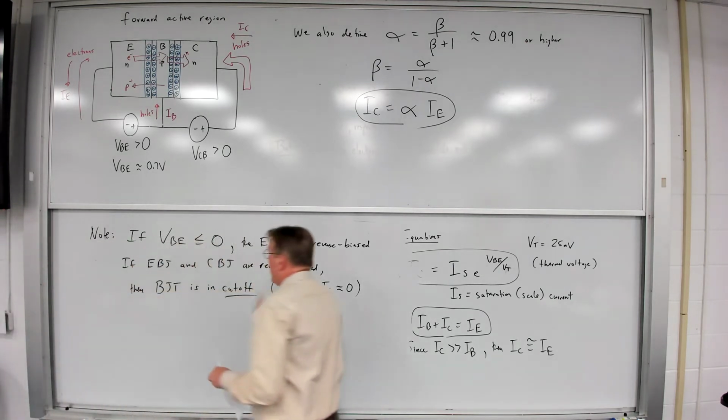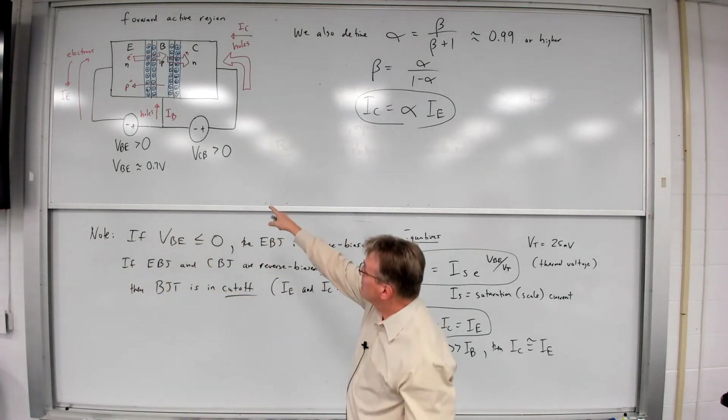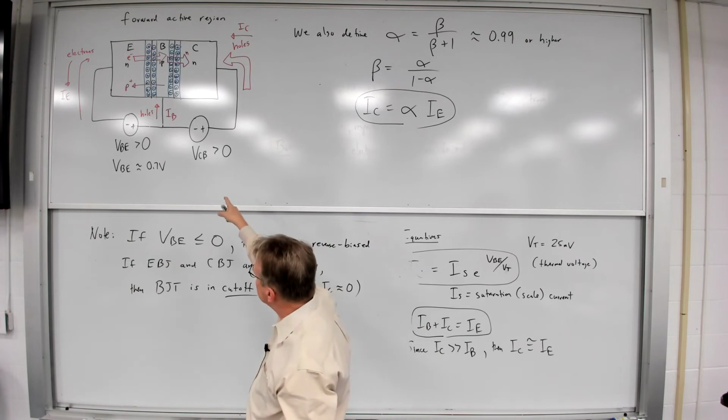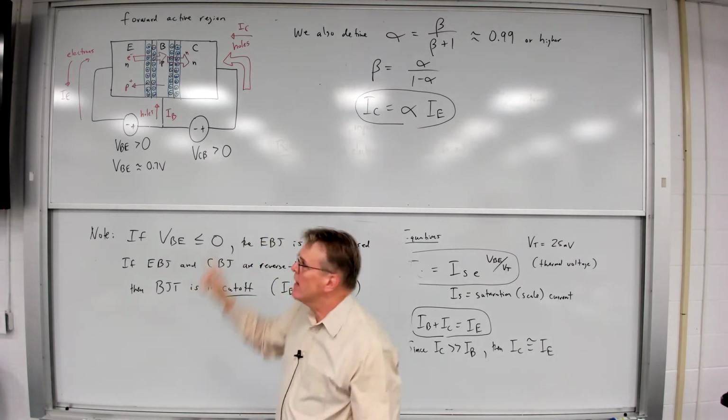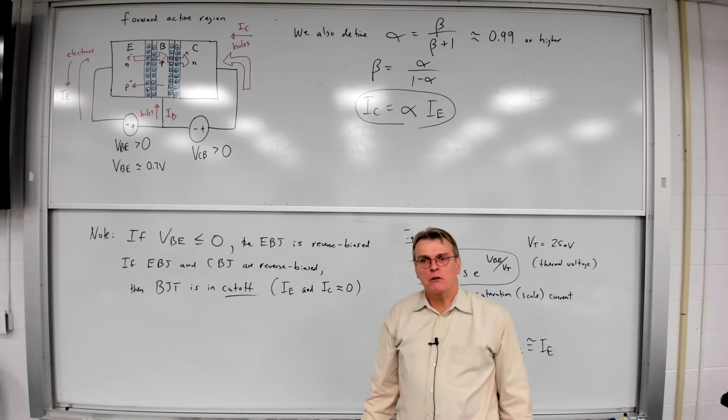All right? What if they are both forward biased? What if I make VCB negative and I forward bias the collector-base junction?